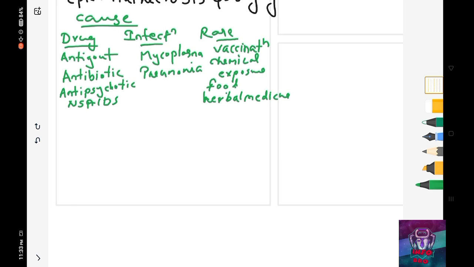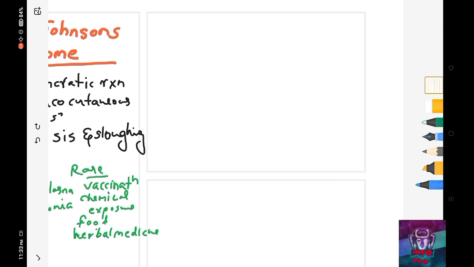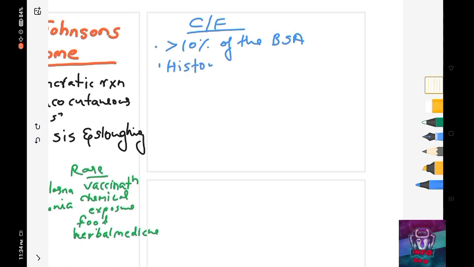Now let's move on to the clinical features of SJS. It involves less than 10% of the body surface area.